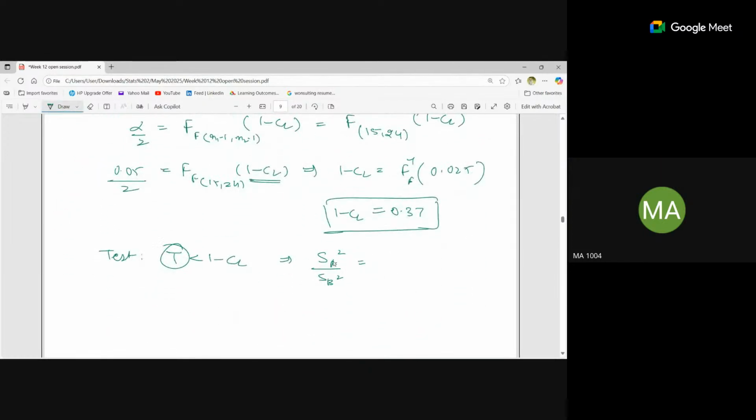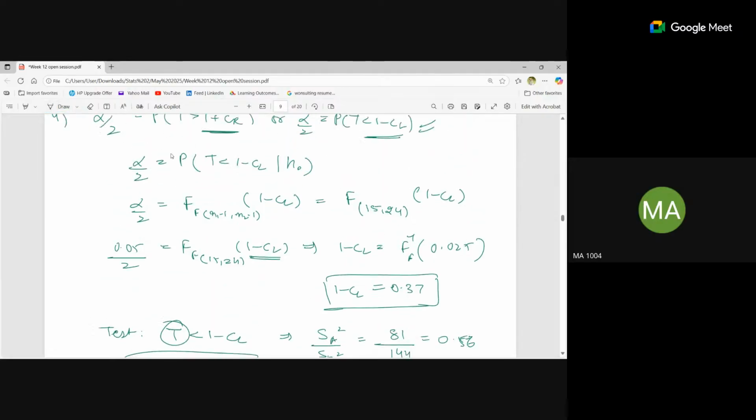The variance for A is 81 and for B it is 144. If you divide this, the value is 0.56. Now, this is 0.56 and this is 0.37, so is it less than or greater than? Greater than. So will we be rejecting or accepting? We would be accepting.